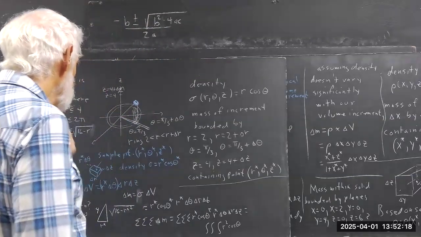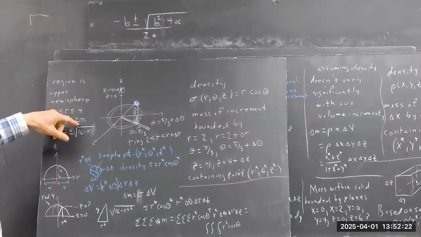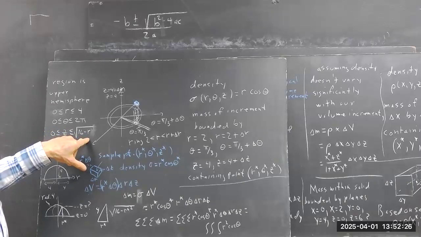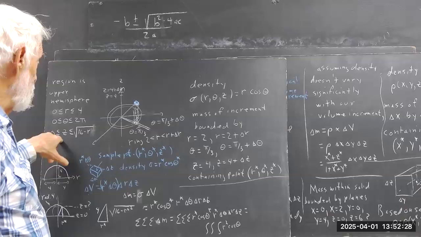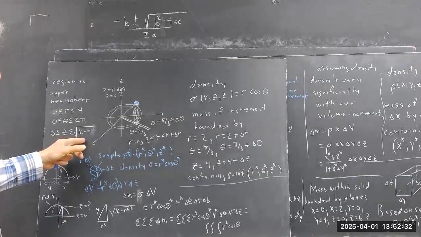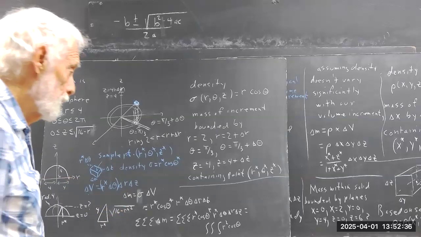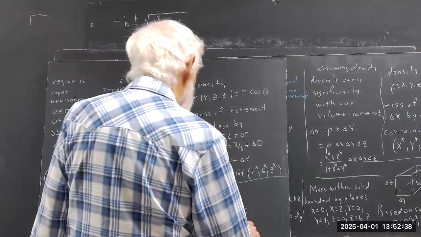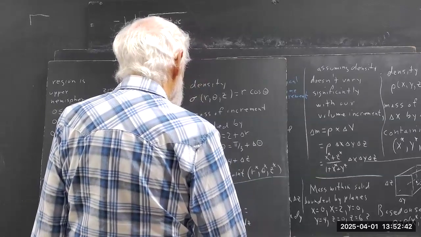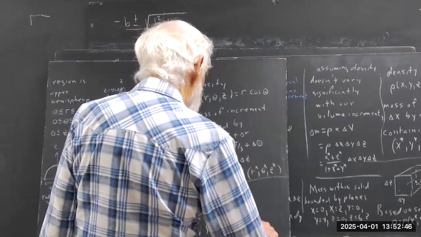The limits on my integral: R and theta both have fixed limits. Only Z has a limit that depends on anything else. So I probably better let dz be my inner integral. So I'll even use some parentheses here.